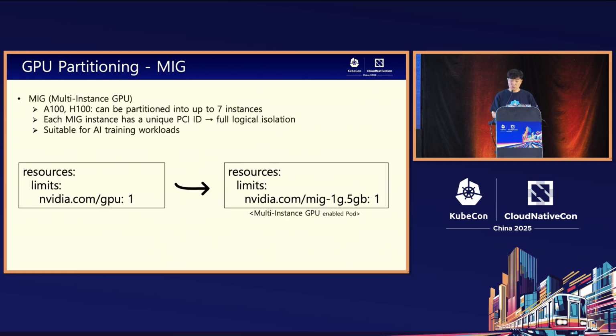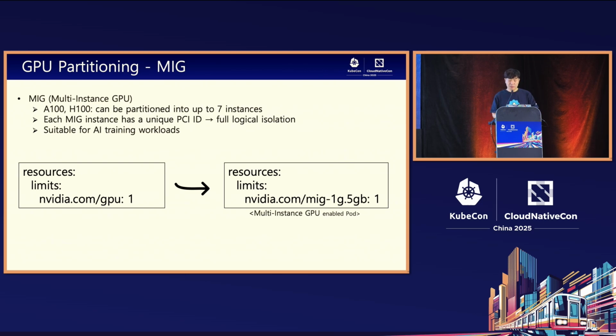So there are some solutions. The first one is MIG, which means Multi-Instance GPU. If you see the next tag, nvidia.com/mig-1g.5gb: 1, this means that they only need a 5-gigabyte memory GPU instance, and it's enough for this job.